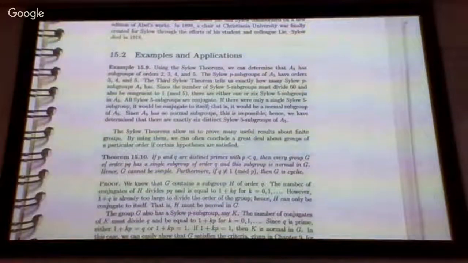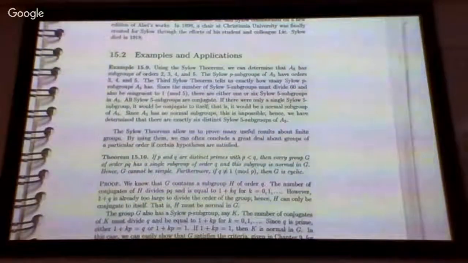Which of those are congruent to 1 mod 3? I think George said before 4. And 1. So K3 might be 1, might be 4. It's obviously only one of these.